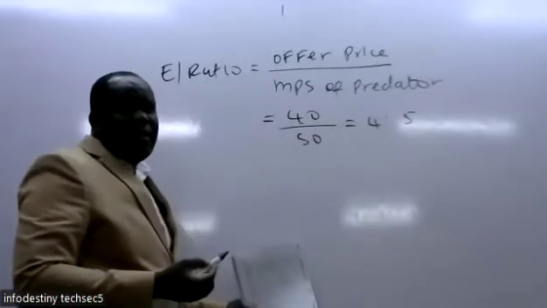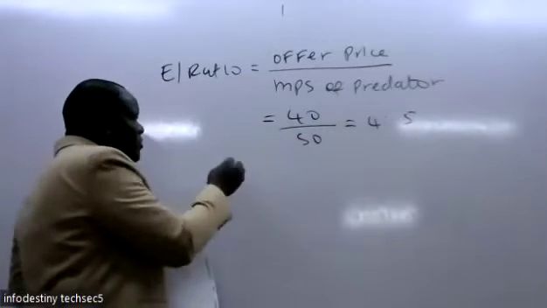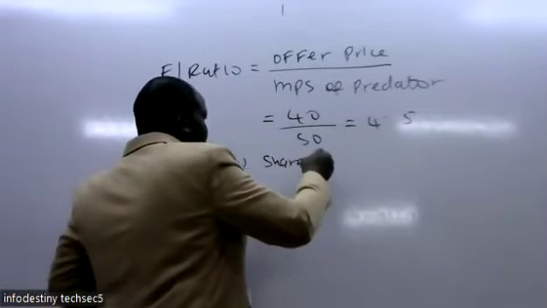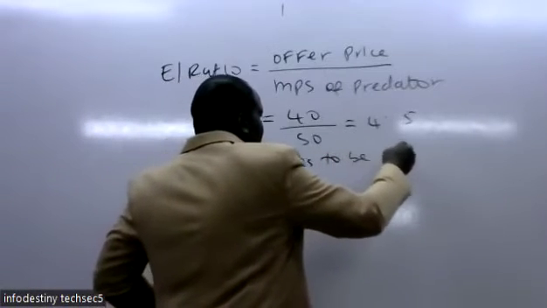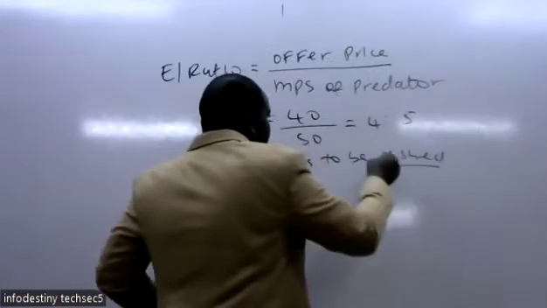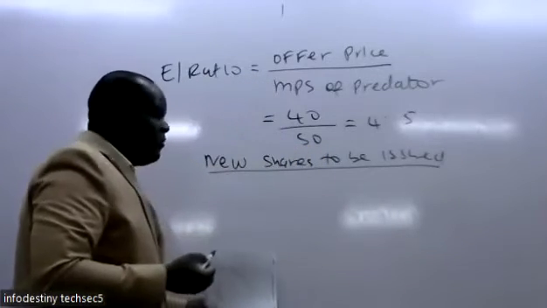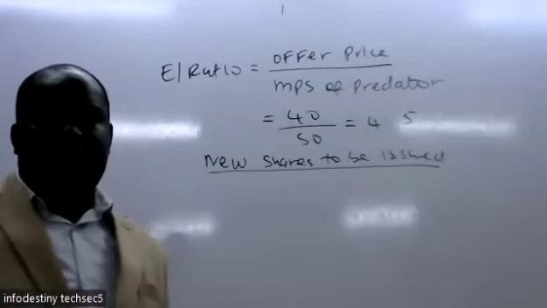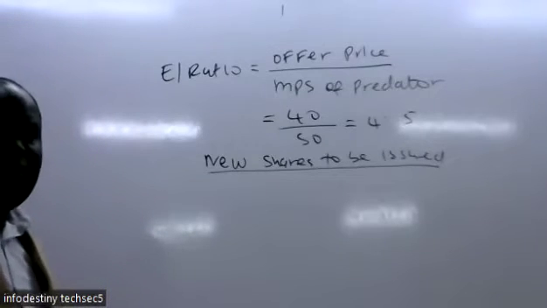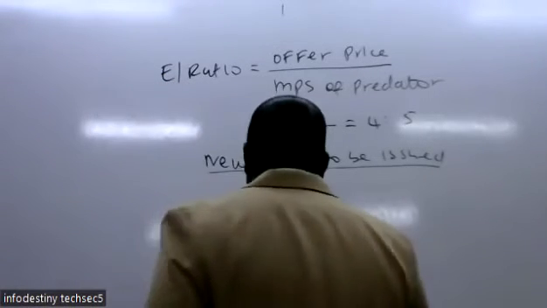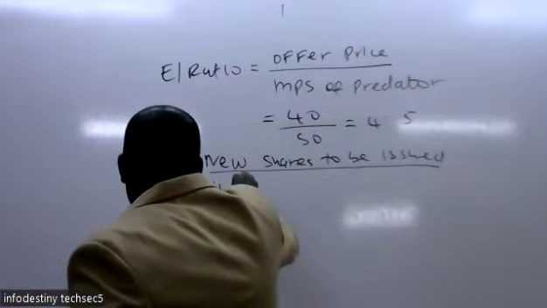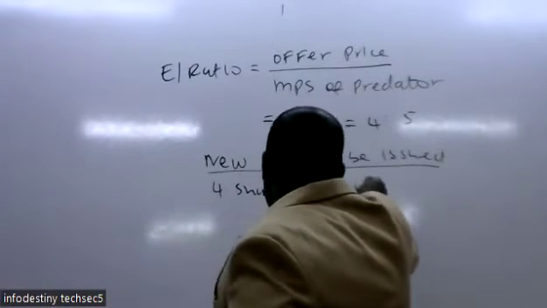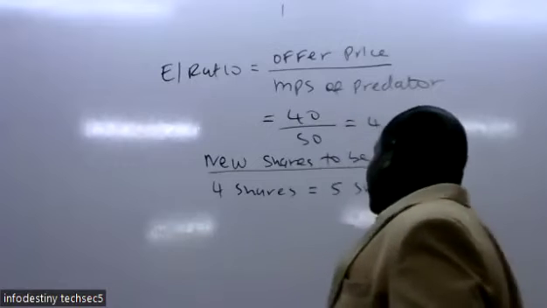So we compute the new shares to be issued. We have seen the exchange ratio is 4 shares for every 5 shares of the target.